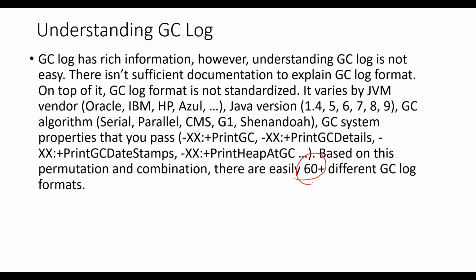It is difficult to identify every format, but once we know how to read it, the positions may shift from JVM to JVM and from Java version to Java version, but the information will remain the same. So we just need to understand how to read the log.